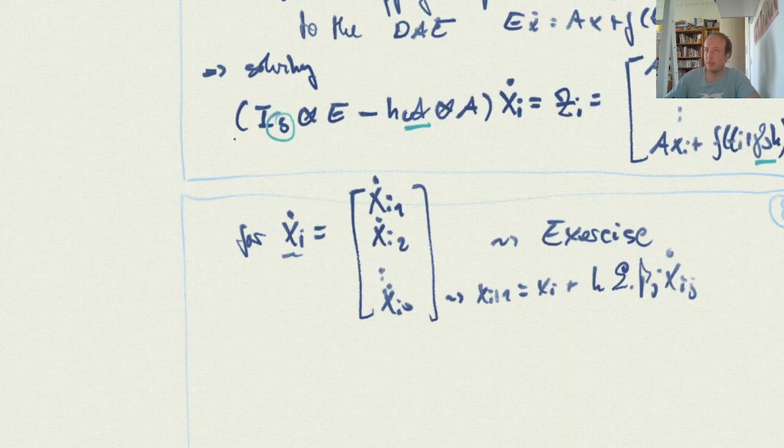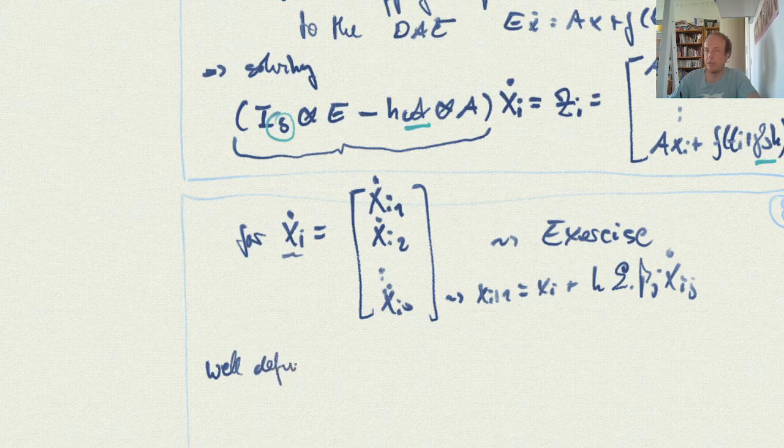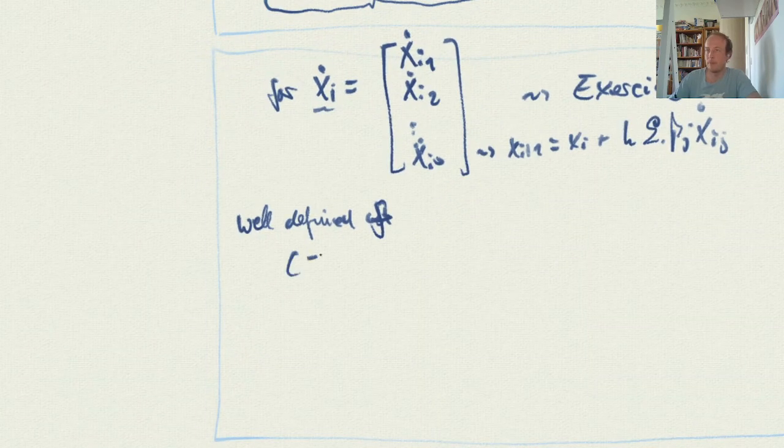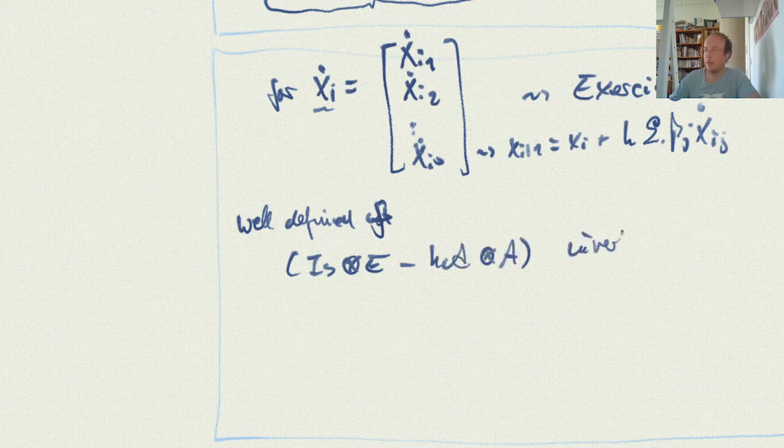And the question is, is this well defined? Well, it is well defined if this matrix here, I_s Kronecker E minus h A Kronecker A, is invertible. So we will now analyze what happens here.